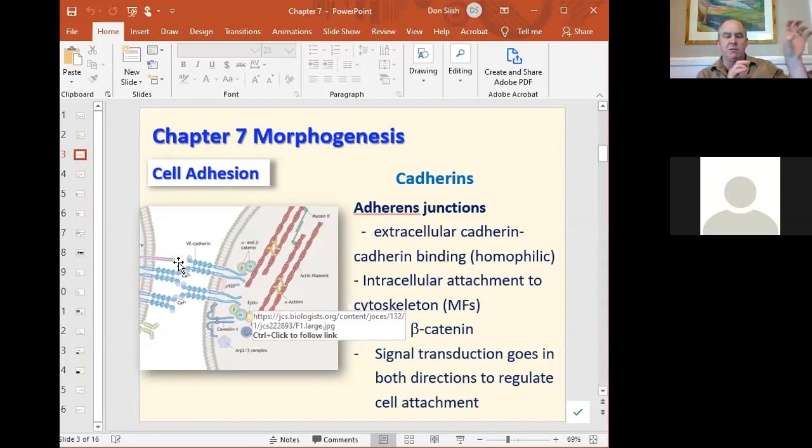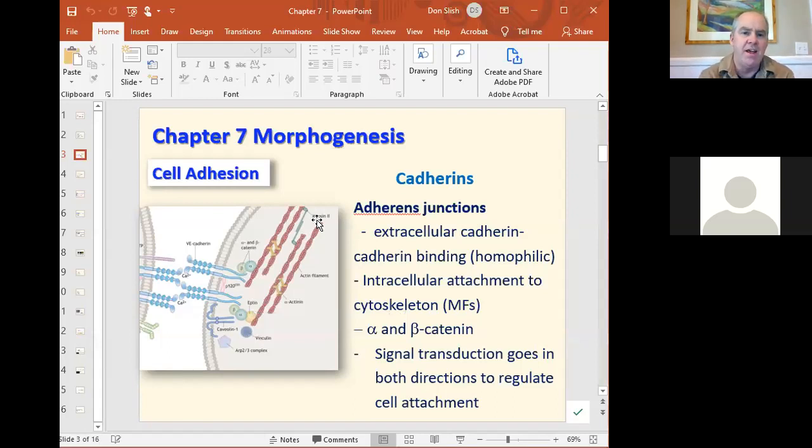So that's really important to be able to regulate that. And in the same way, when they grab something outside, they relay to the inside of the cell that they're grabbing something. And that stimulates the cell's signal transduction to respond to it as well. So there's information going back and forth between the extracellular and intracellular side here based on binding of those cadherins and signal transduction events here in the cytosol.